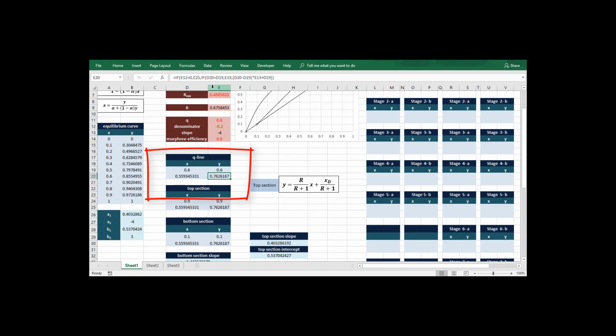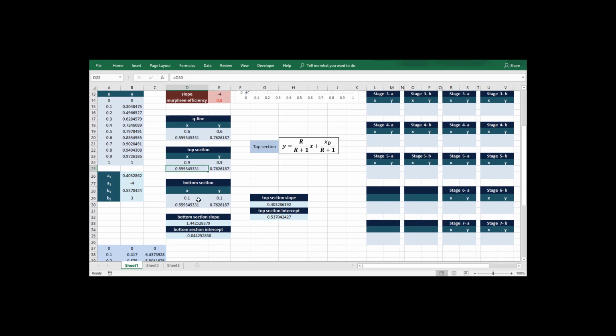If x2 equals x1, y2 equals y1. Otherwise, y equals x2 minus XF times the slope plus XF. For x2, x2 will be equal to the x2 of the top section. And for the top section, x2 equals the x2 of the bottom section.